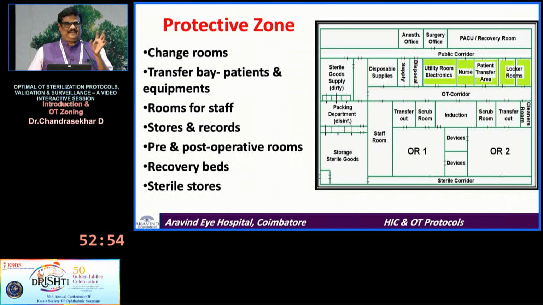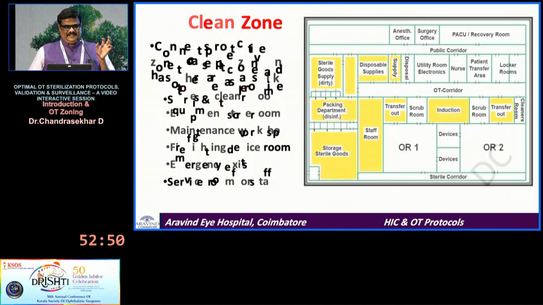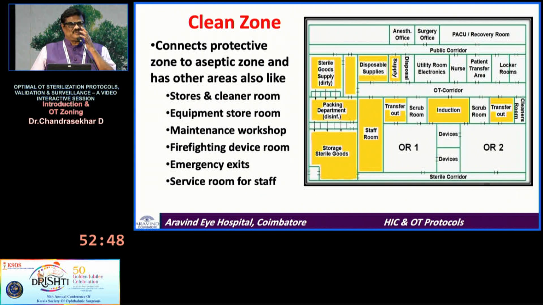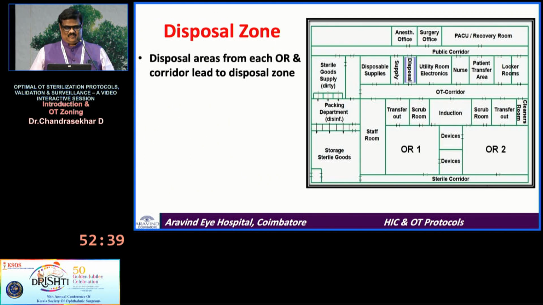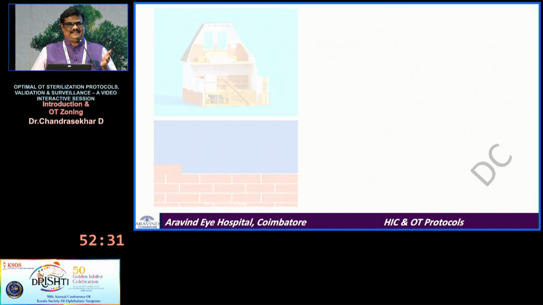The protective zone will be an area where we enter, change rooms and store rooms and all. The clean zone would be a corridor, transfer rooms and patient recovery area and so on. The most important is the aseptic zone, which will be the part of the CSSD and the operating room. So now we have a disposal corridor, like I showed you. There will not be a crossover between the sterile and the unsterile.